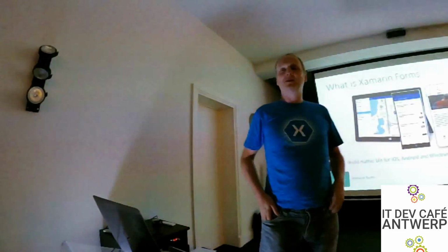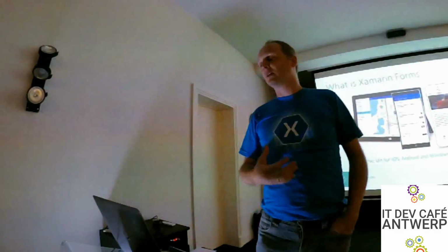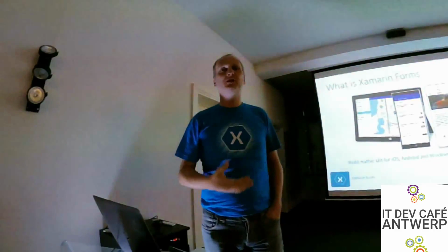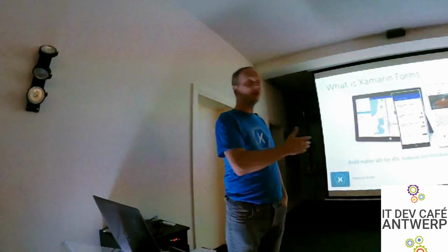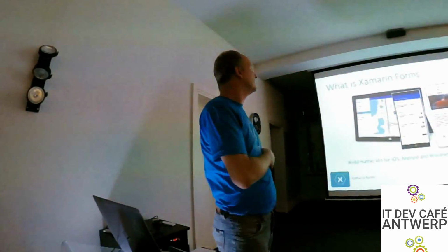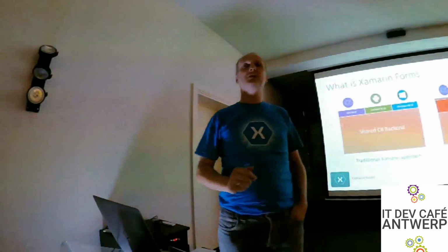This is actually the same thing that Jan already mentioned. Xamarin Forms exists because we want to build native mobile applications for each platform. So for Android, iOS, or Windows, Windows is still a target, you can use Xamarin Forms. But what is now the difference between those two?